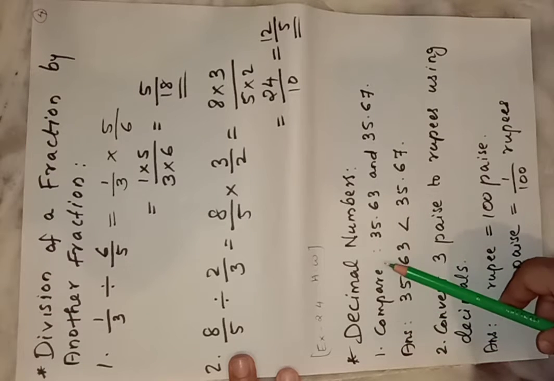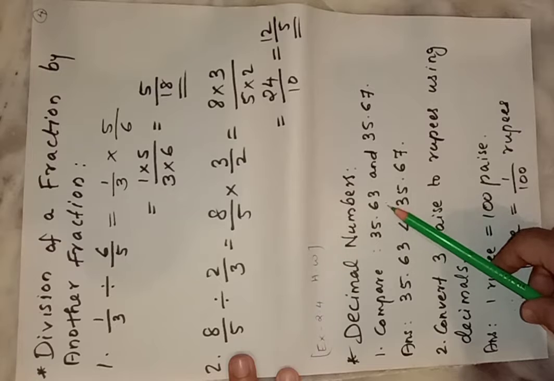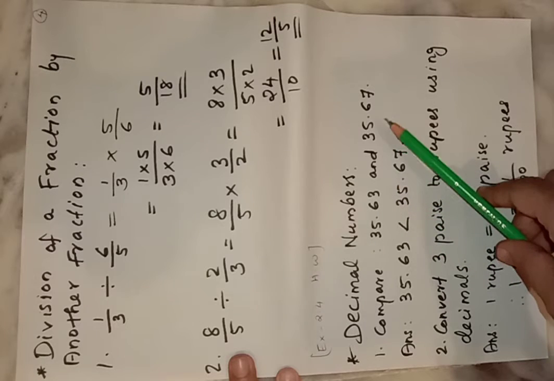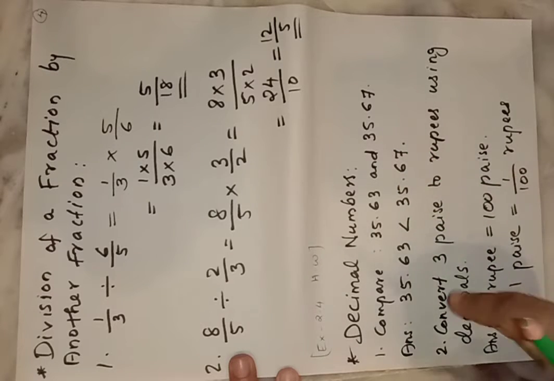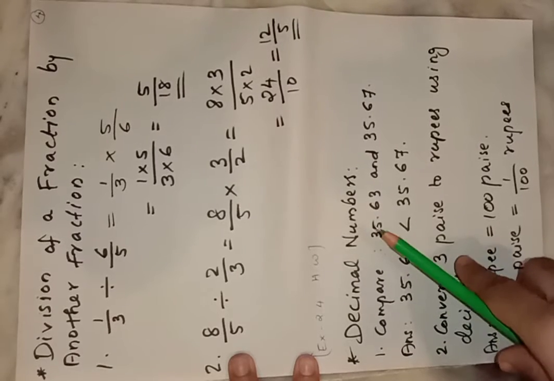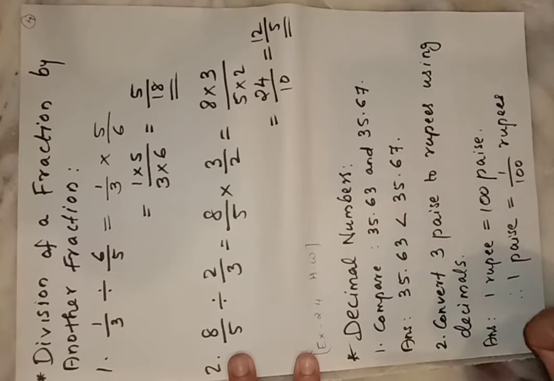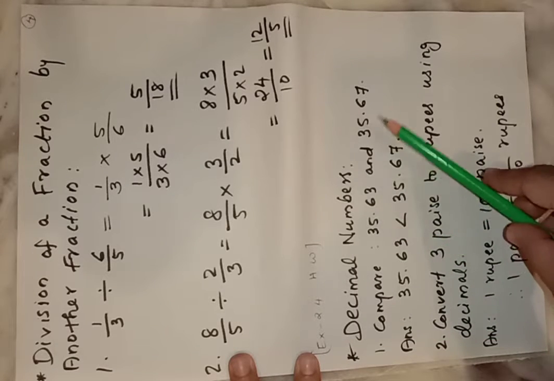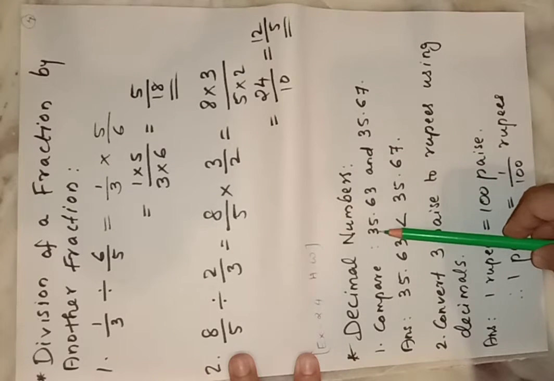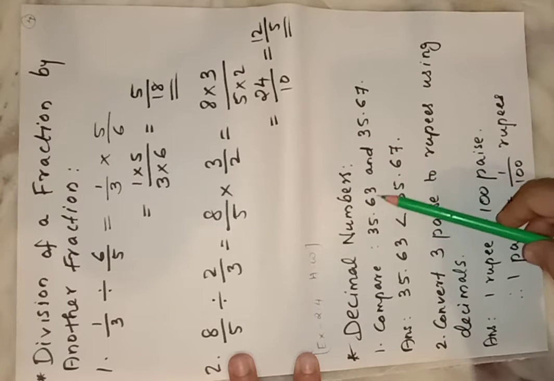First problem, compare 35.63 and 35.67. You need to check which one is greatest and which one is smallest. You can compare the whole number part, that is 35. Both are the same, so consider the decimal part.